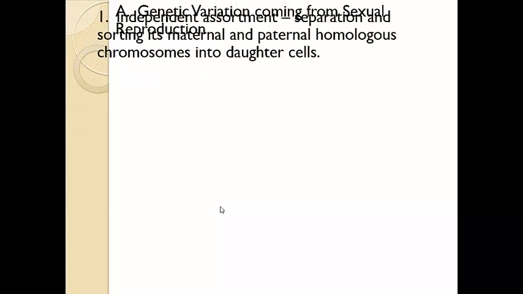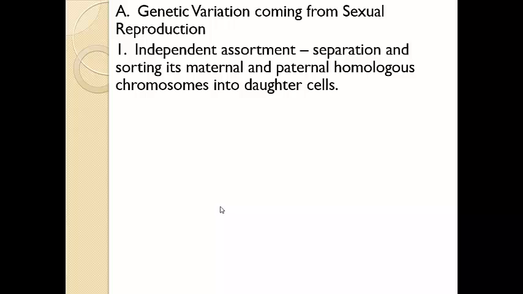Moving on though, as far as what increases the genetic variety between us and why you might look different but have some similarities to your siblings, one of them is independent assortment. So this is when your mom and dad chromosomes get separated from each other, during anaphase 1 of meiosis.